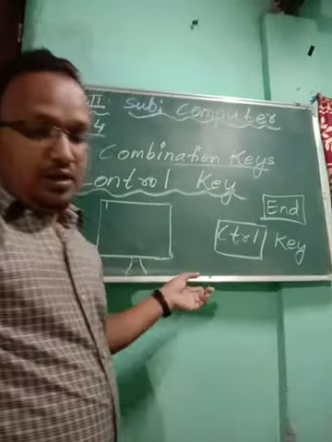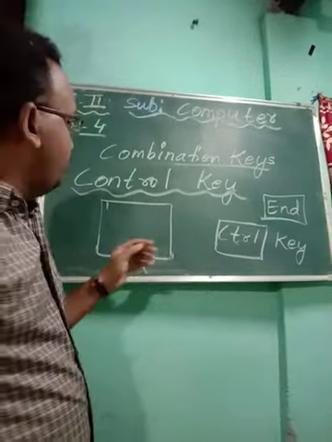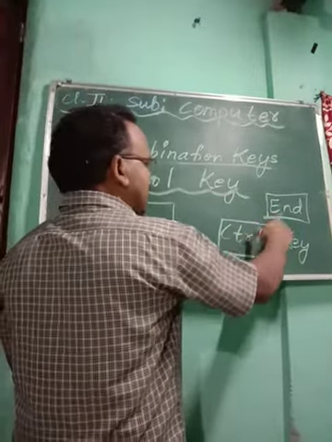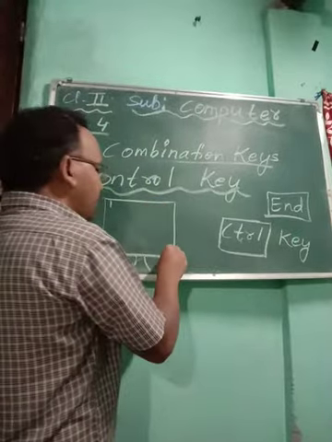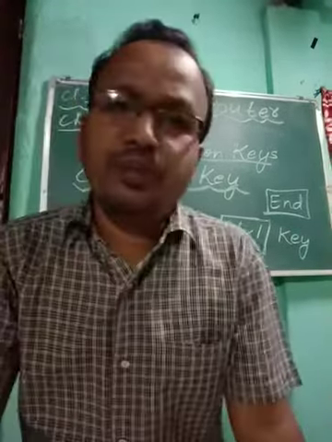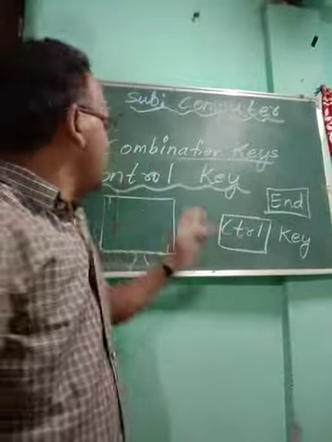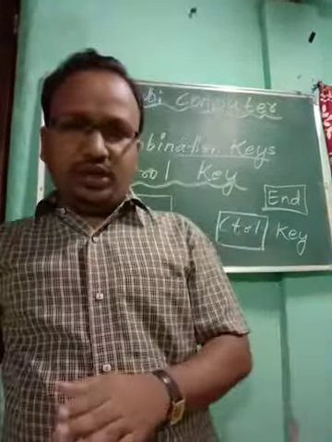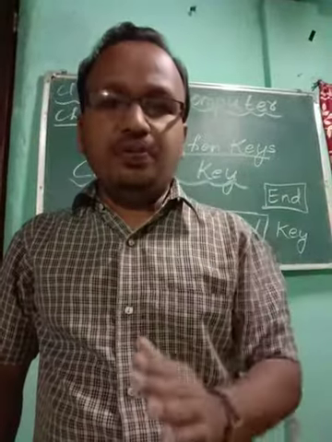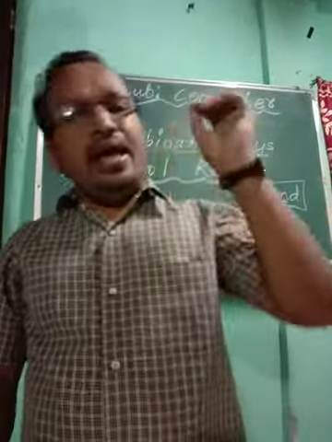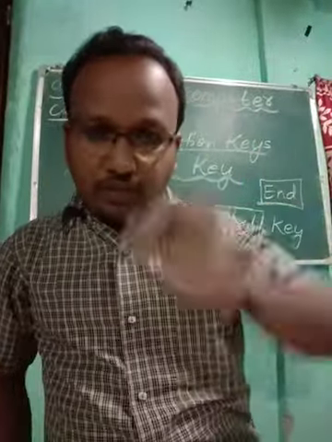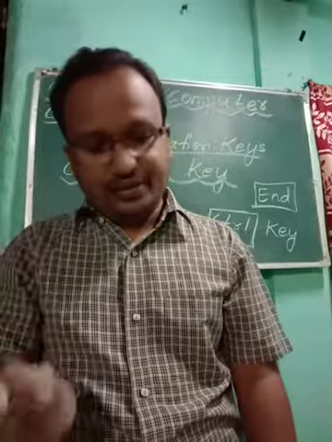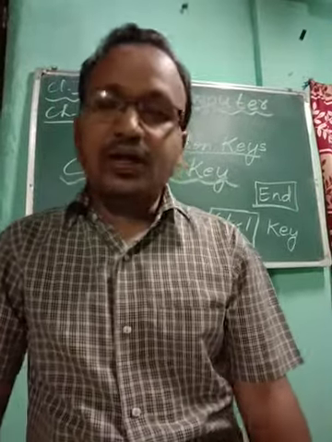You press CTRL plus End, and your cursor will come to the end of whatever you are writing. If you want to go from the bottom to the top, press CTRL plus Home. If you want to go from the top to the bottom, at the end of the document, press CTRL plus End. In this way we can move the cursor.